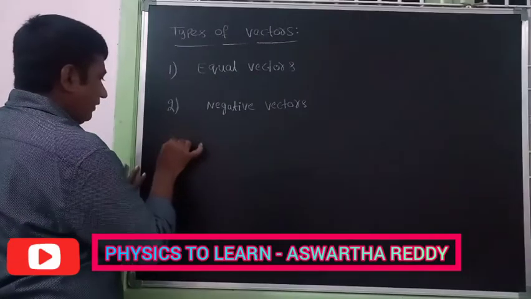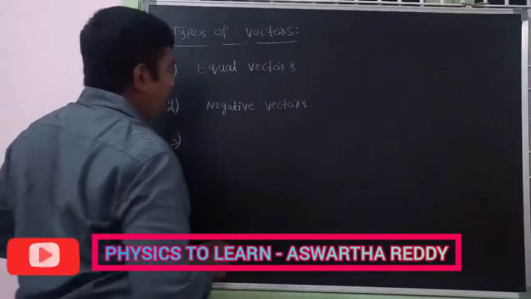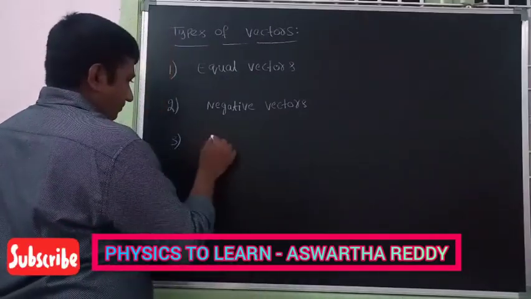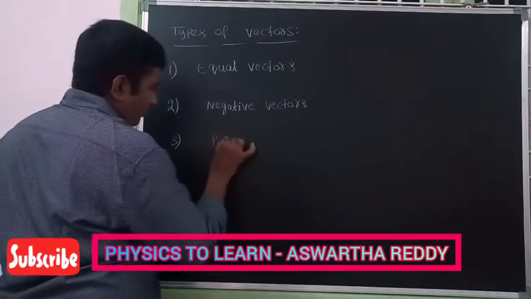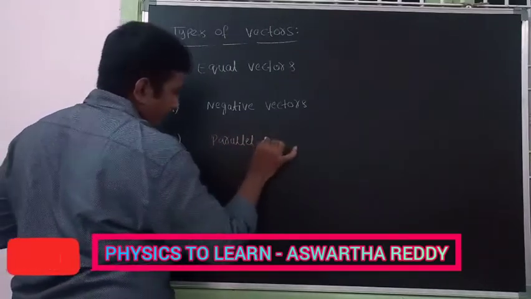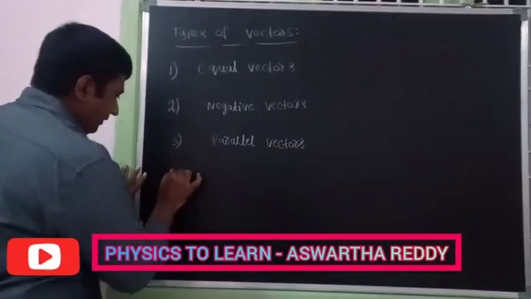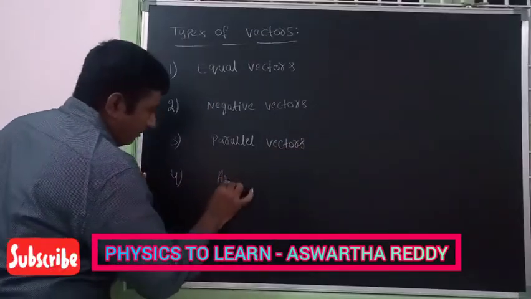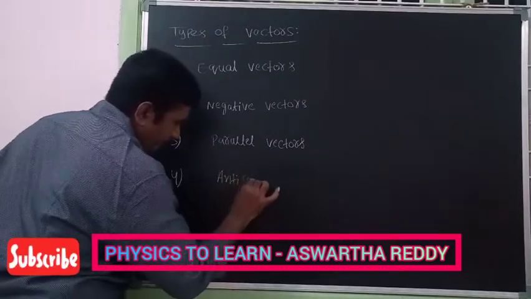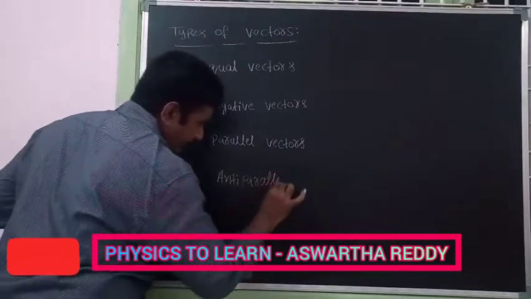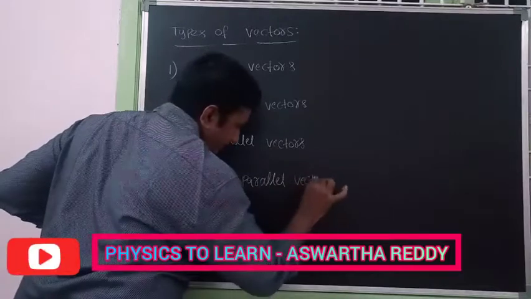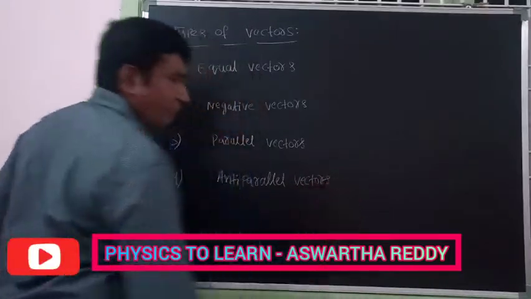Then the third one I can take as parallel vectors. Next, anti-parallel vectors. These are the different types.